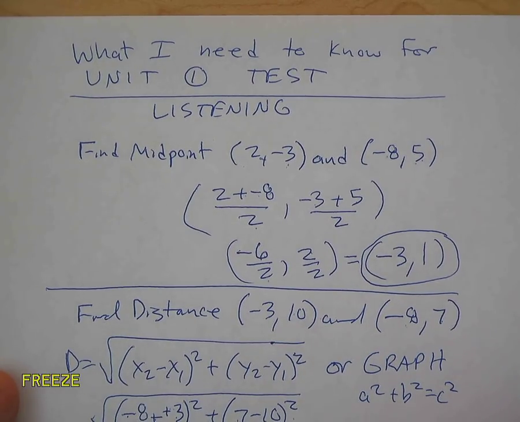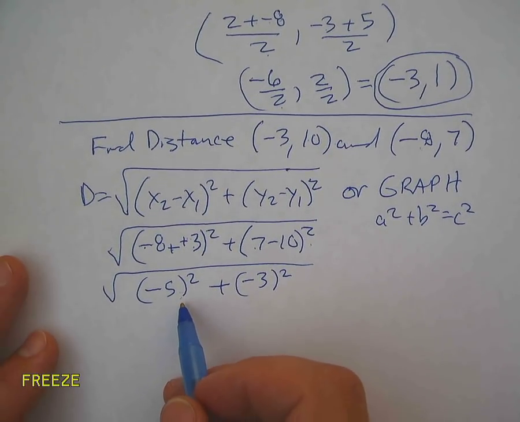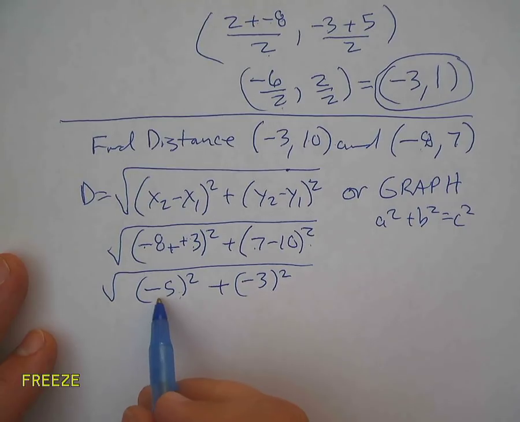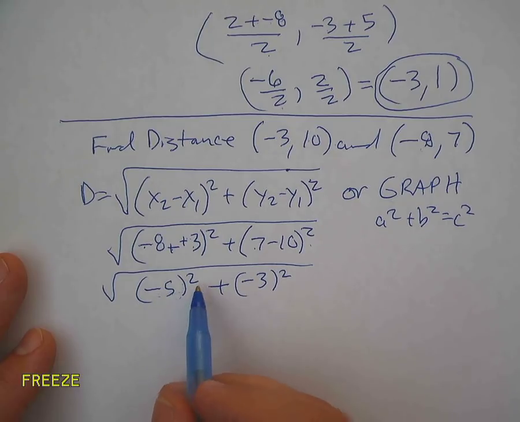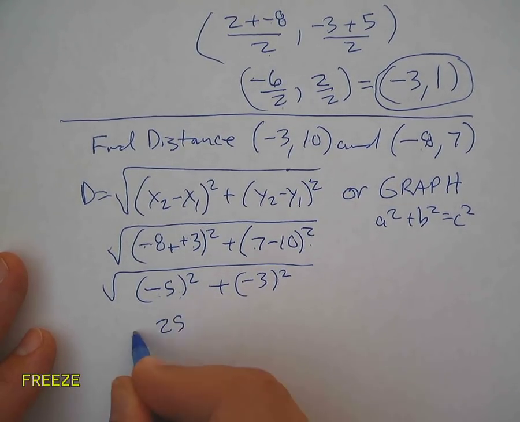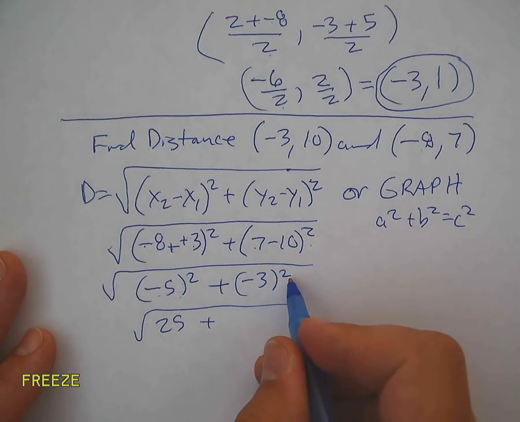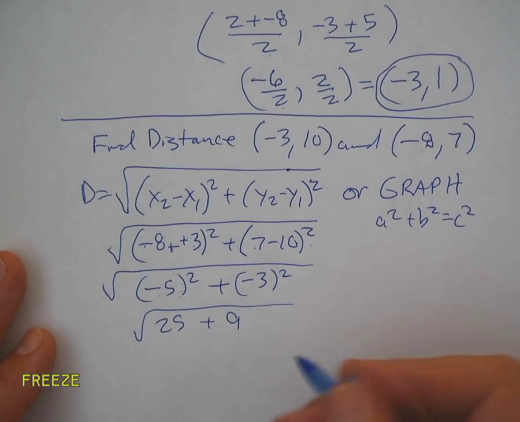When you do this on your calculator, you have to make sure the negative is in parentheses. That's important. So I take (-5) squared, which is going to be 25, plus (-3) squared, that's 9.